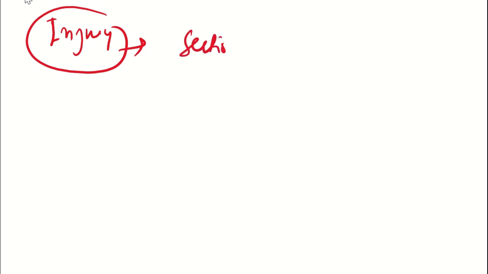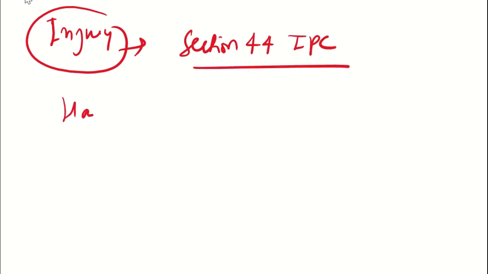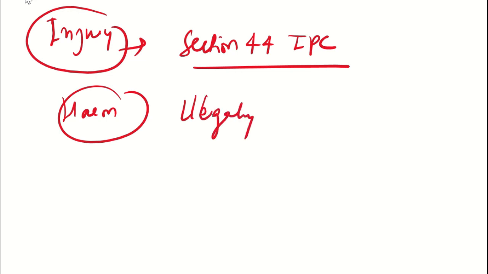First of all, legally, what is injury? Injury, as per section 44 of the Indian Penal Code, is any harm, whatever illegally caused to any person.